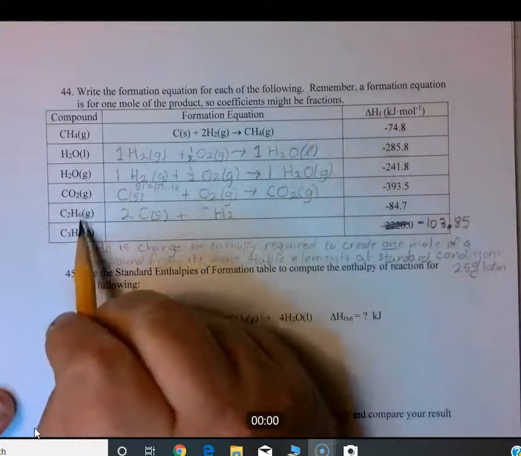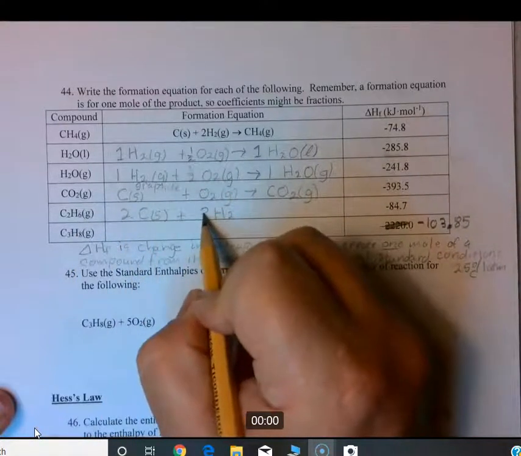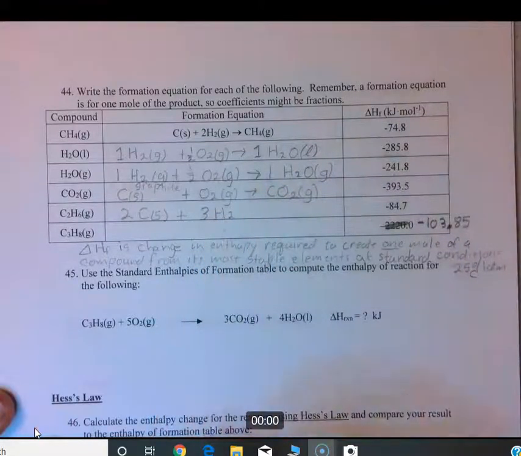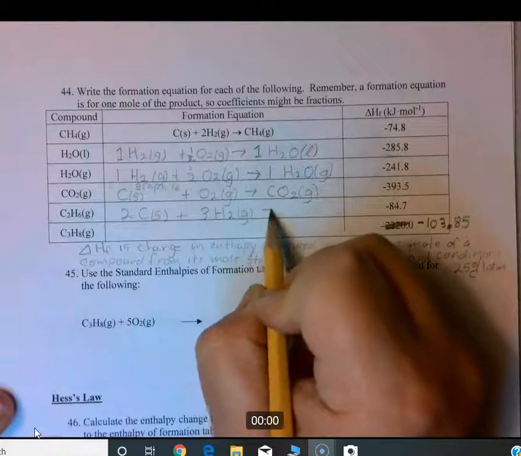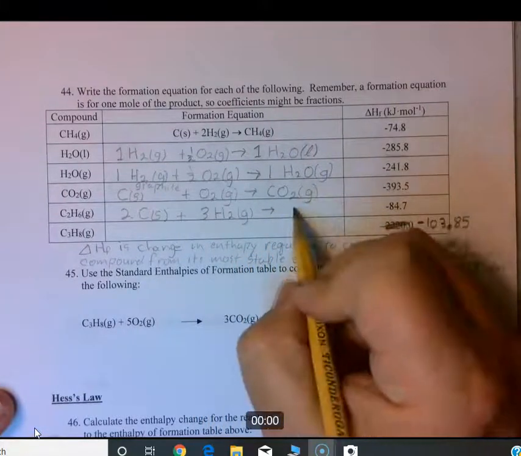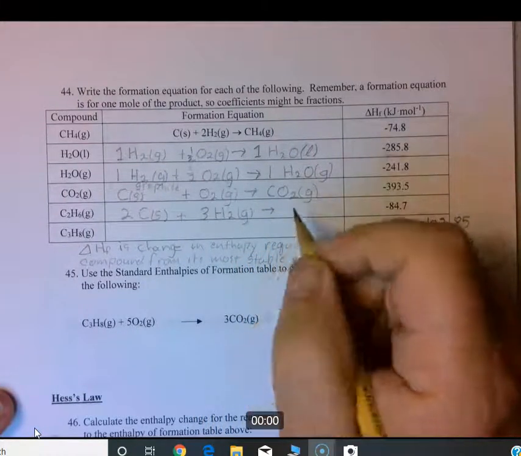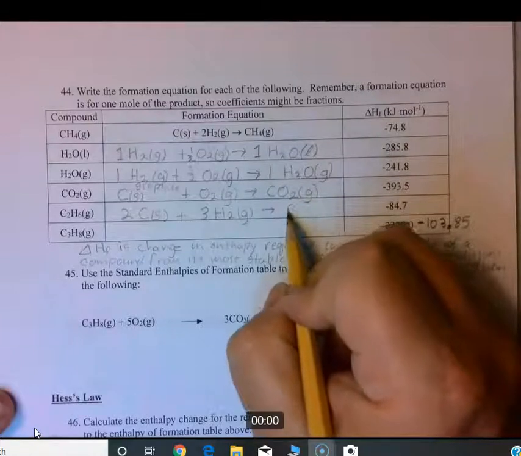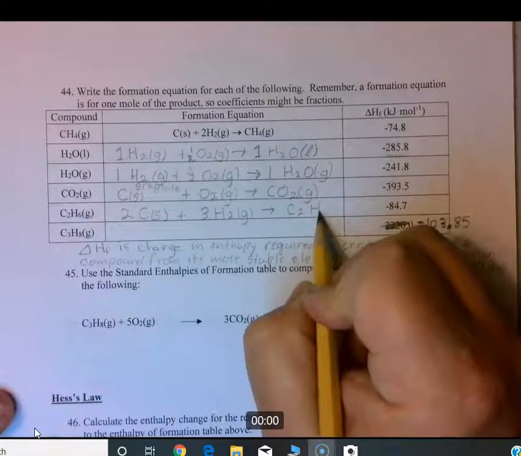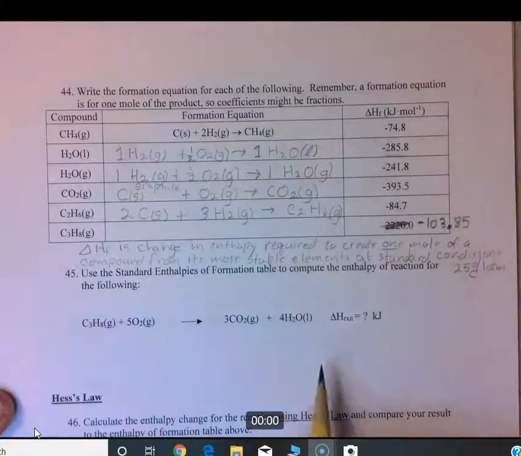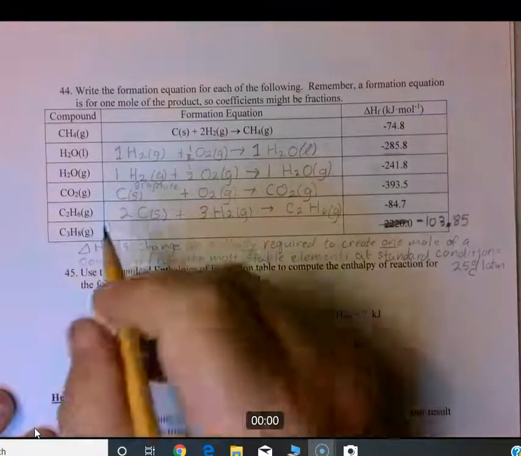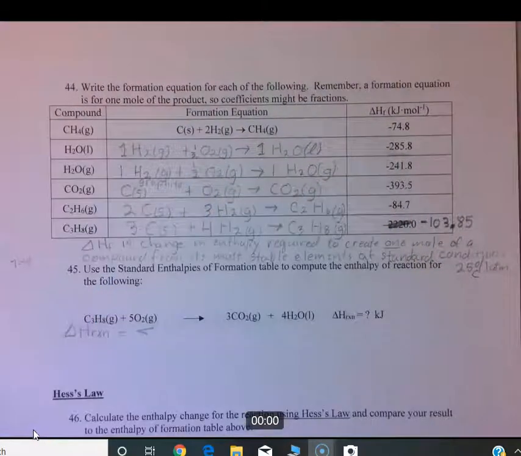And to get 6 hydrogens, you're going to need 3 moles or 3 molecules, either way, of H2. That's as a gas. And that's going to give you ethane, 1 mole, which is a gas. Okay, and finally for propane, same thing.